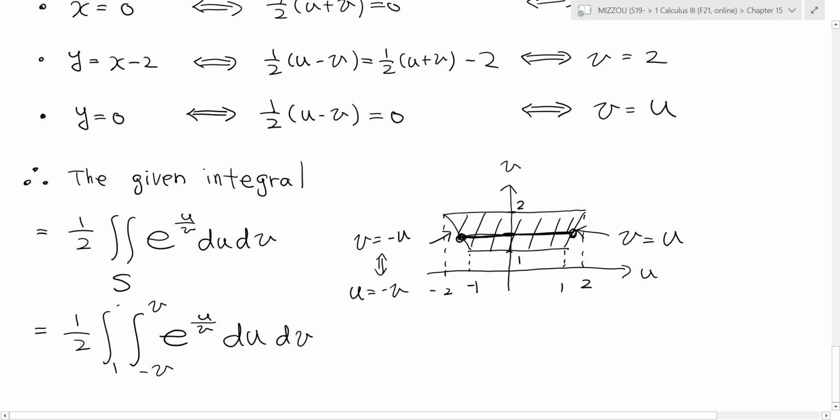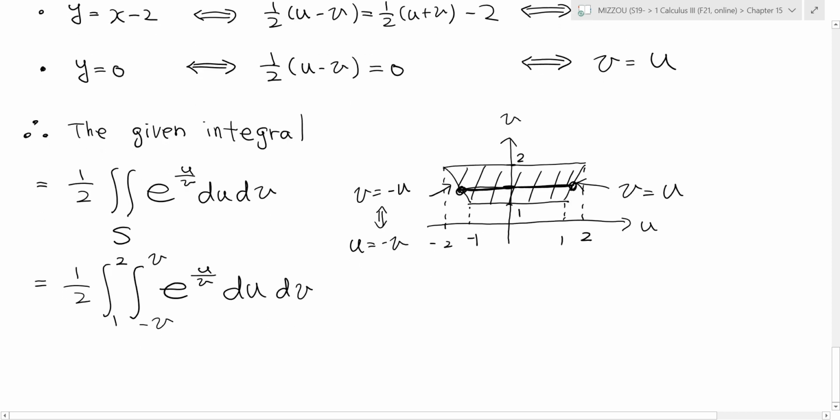So all I have to do is just work this out.